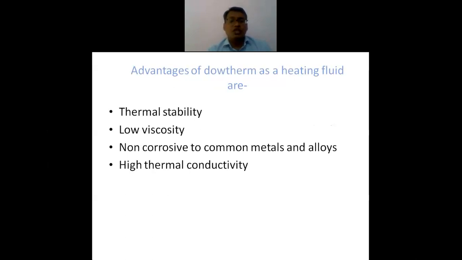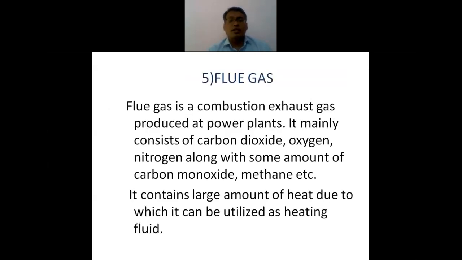Thermal stability, low oxidation stability, low viscosity, non-corrosive, good thermal conductivity. Flue gases are the combustion exhaust gases produced at power plants or boilers. They mainly consist of carbon dioxide, oxygen, nitrogen, along with some amount of carbon monoxide and methane. They contain a large amount of heat, due to which they can be utilized as the heating fluid.